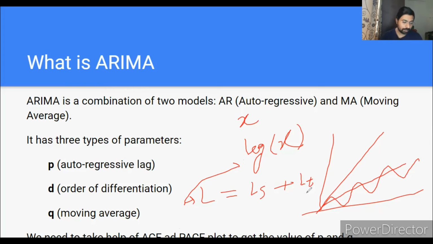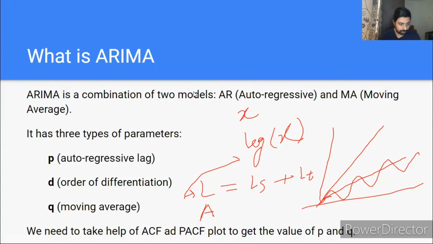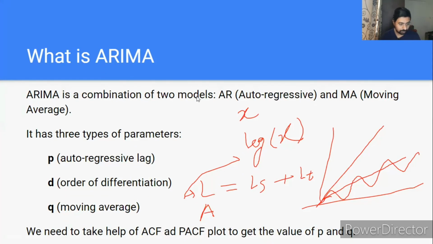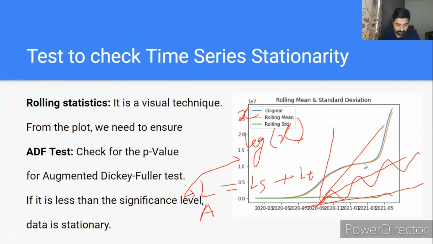If I get the moving average of this L data, moving average meaning the last 5 days' mean, then it is also varying in the same way, right? We just saw it. See, the moving average is varying with the original data.